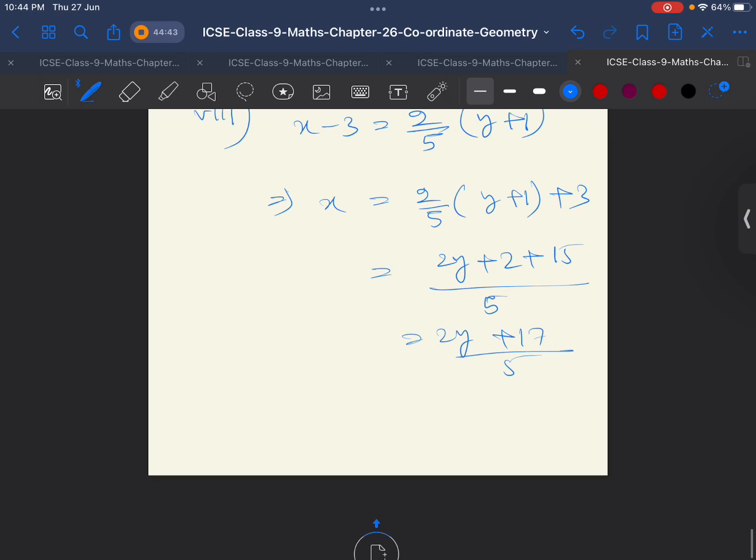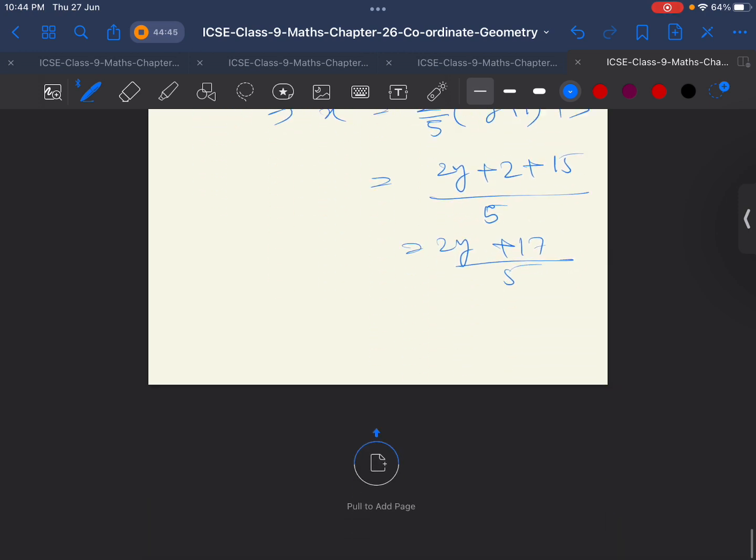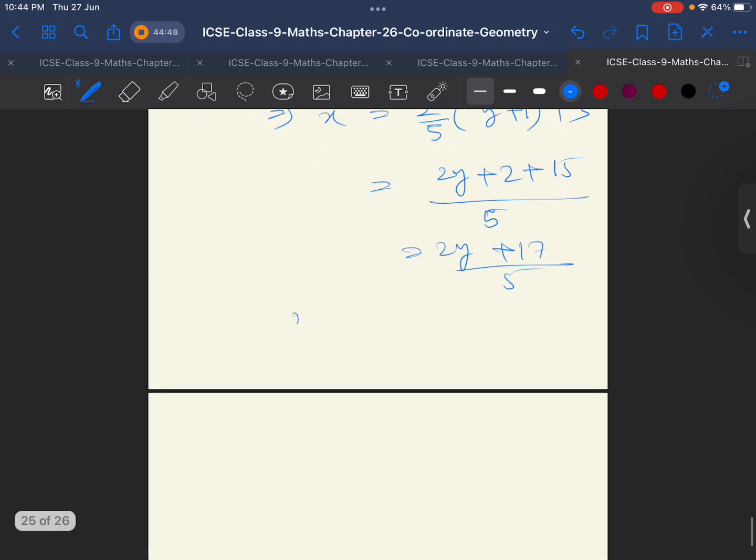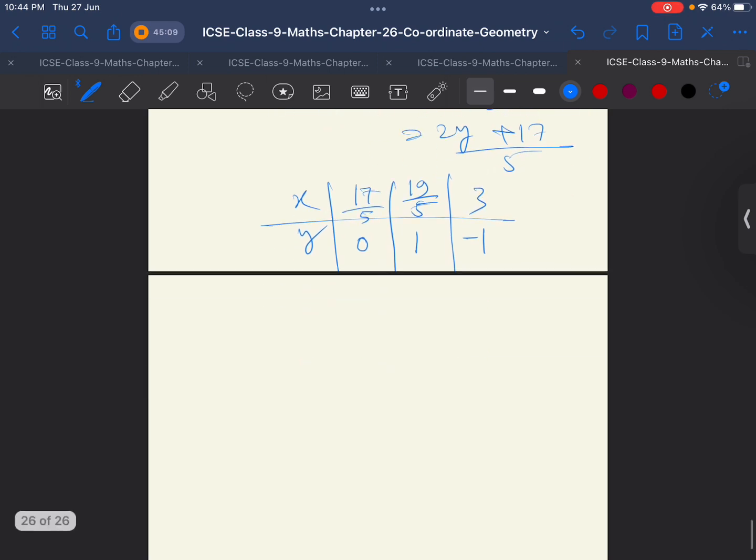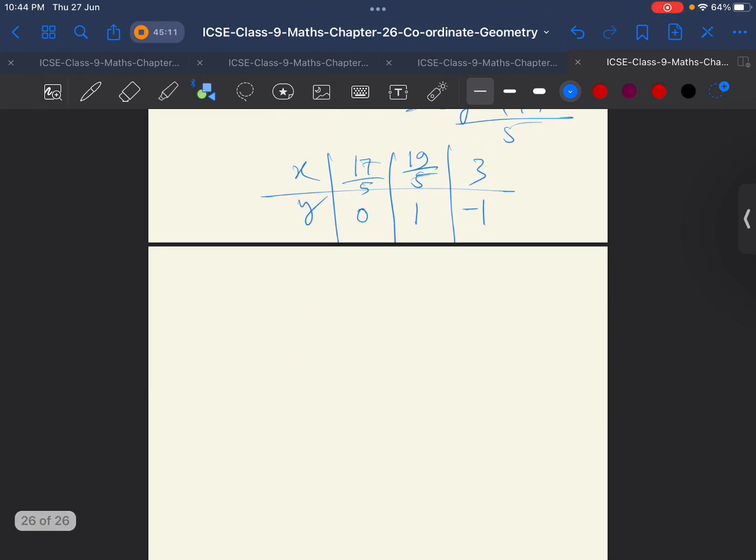So 2y plus 17/5. So here the table is, y 0, then x 17/5; y 1, x 19/5; y minus 1, then x 3.